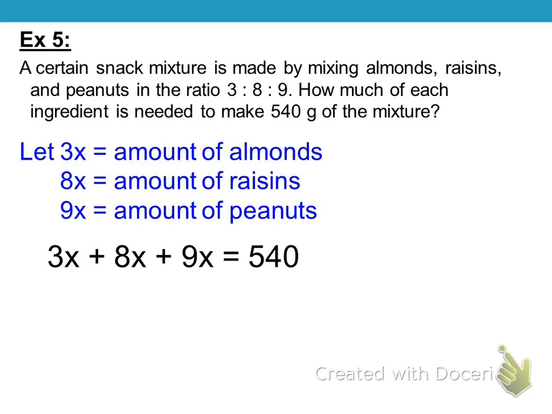Is it grams? We'll go with grams, because 540 gallons of trail mix, I mean, that's pretty intense. That makes me want to go hiking for 10 years. Have you seen a gallon of mac and cheese? Off the top of my head, I can't recall a time when I saw a gallon of mac and cheese.